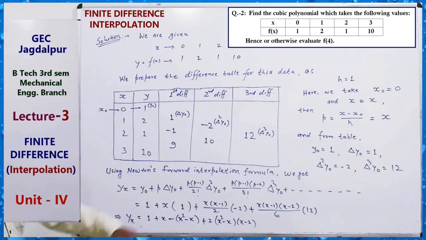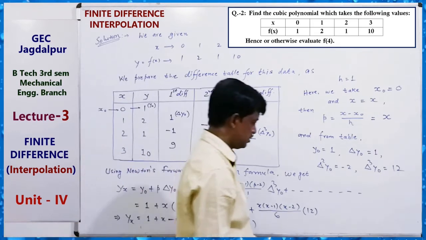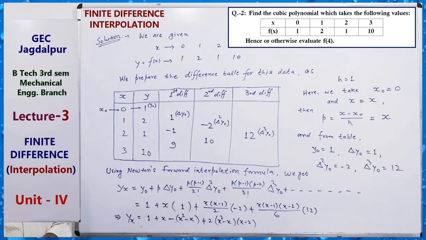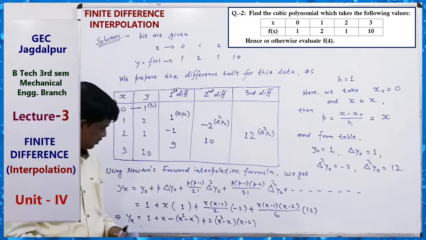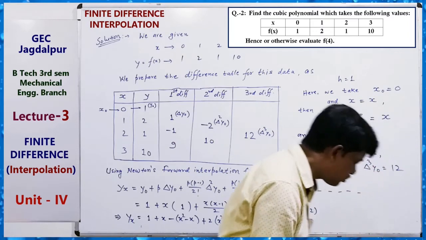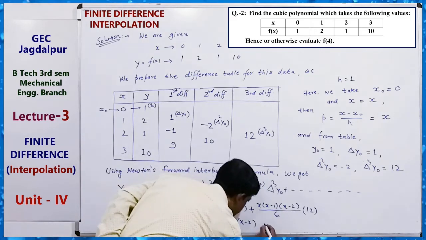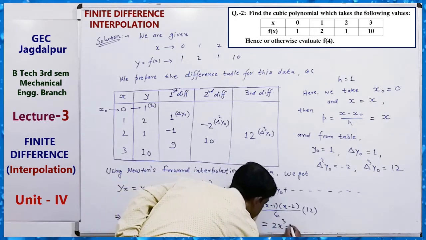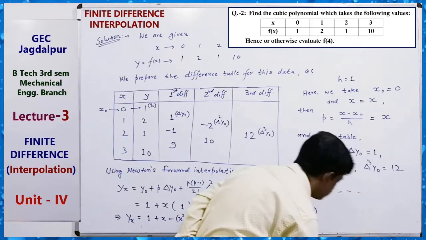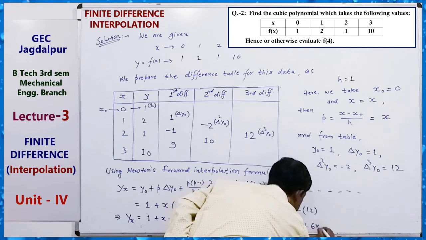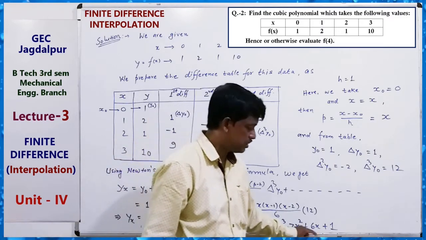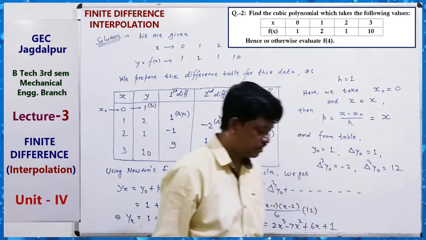After calculating, you can get the polynomial 2x cube minus 7x square plus 6x plus 1.